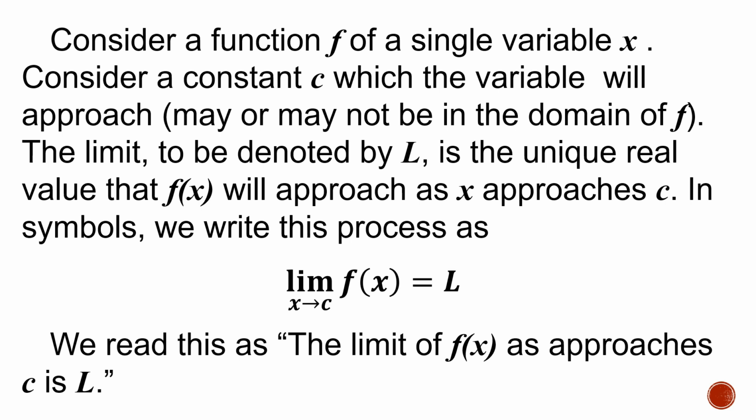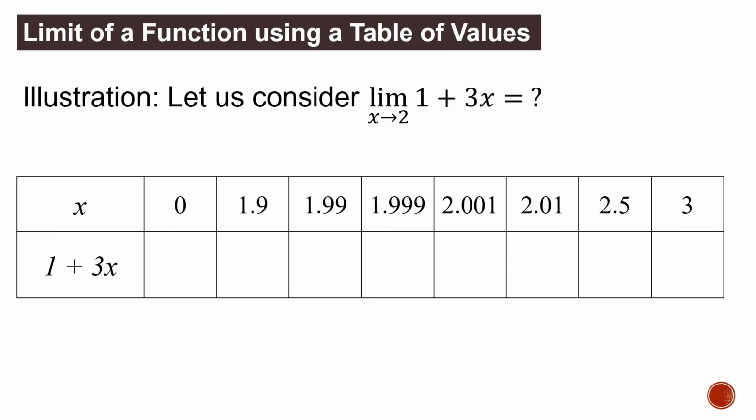Okay, so let's illustrate first this limit of a function. Now here we have a function 1 plus 3x, and as you can see, we have here a table, and the x values we have are 0, 1.9, 1.99, and 1.999. And then we have also 2.001, 2.01, 2.5, and 3. And you might be wondering, why did we use these numbers?